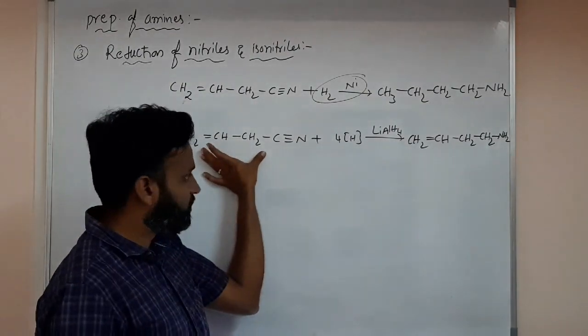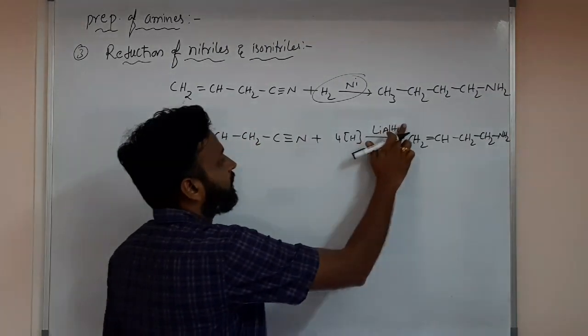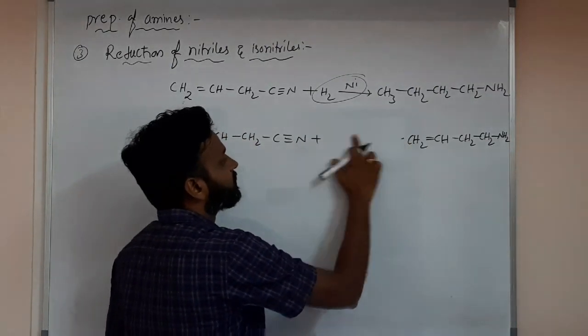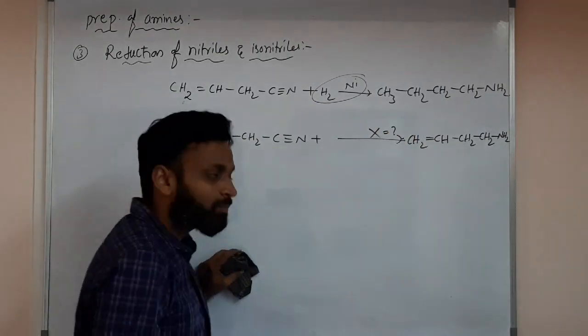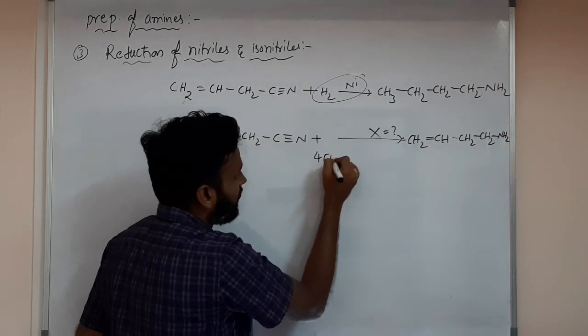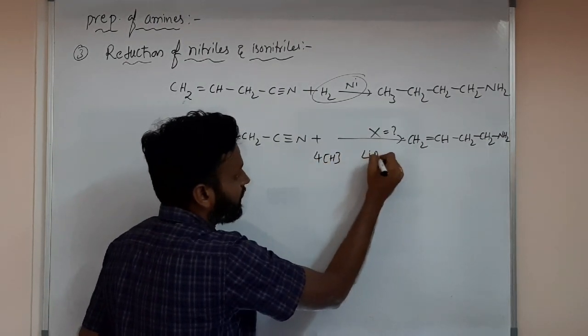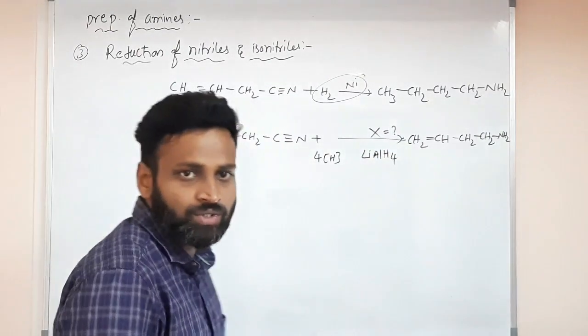Understanding? They will give this one in the question, and this one also they will give, and here they will give some X. What is X? Yes, the double bond is not reduced, so reduction by using LiAlH4. This one. Understood, sir?